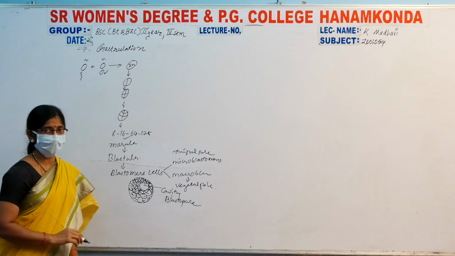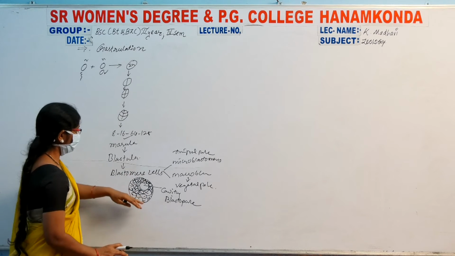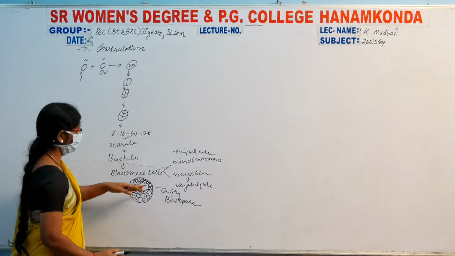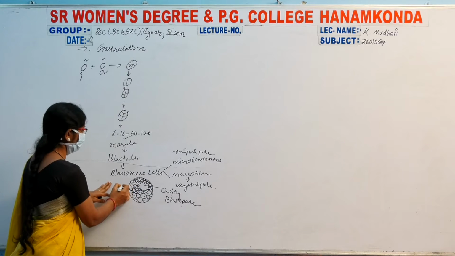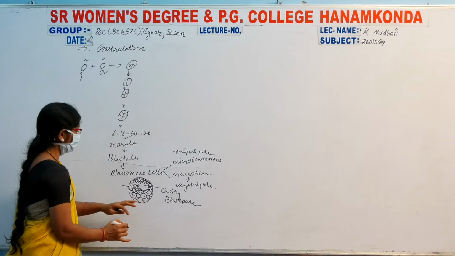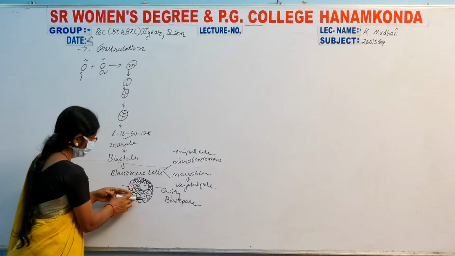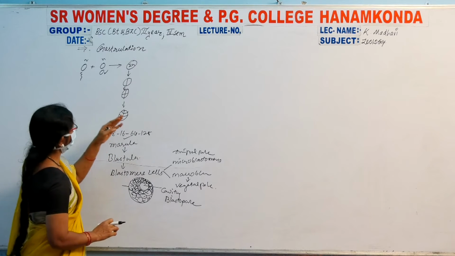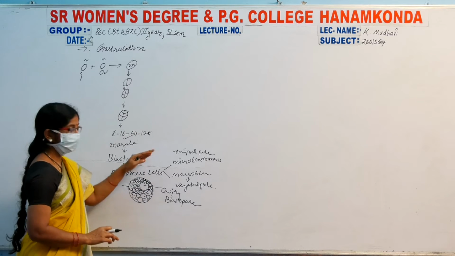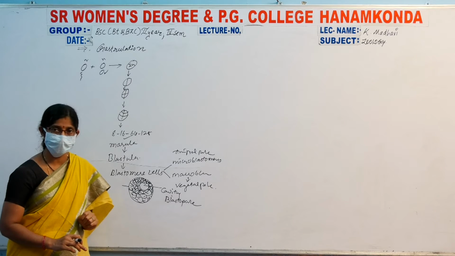The layer which covers the developing cells is known as the blastoderm, with blastomeres and blastopore. Next, the blastula slowly enters another important process, that is gastrulation.